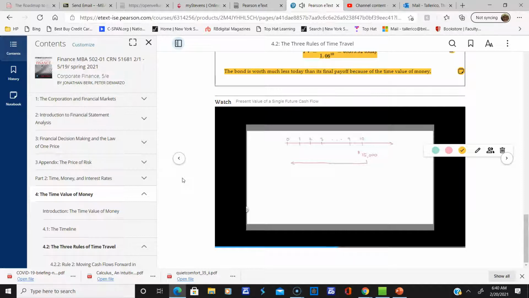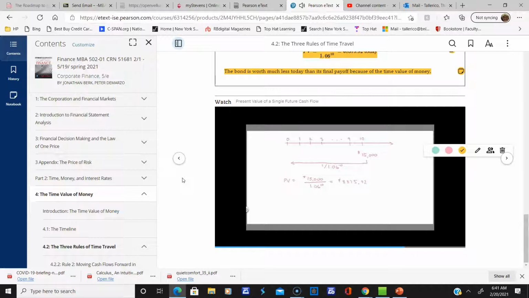Given the interest rate of 6%, we can compute the present value by discounting by 1 plus the interest rate 10 times, or to the 10th power. That is, we take $15,000 and divide by 1.06 raised to the 10th power. Calculating this, we get a present value of $8,375.92.